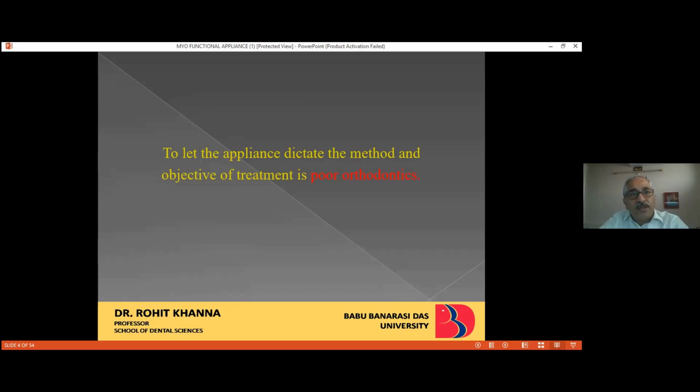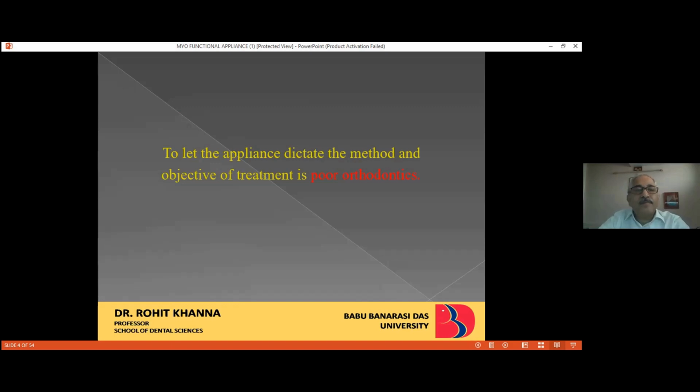You should choose an appliance according to the condition prevailing. For every malocclusion, for every type of case, you have different appliances and their functions in detail before you put them to orthodontics.